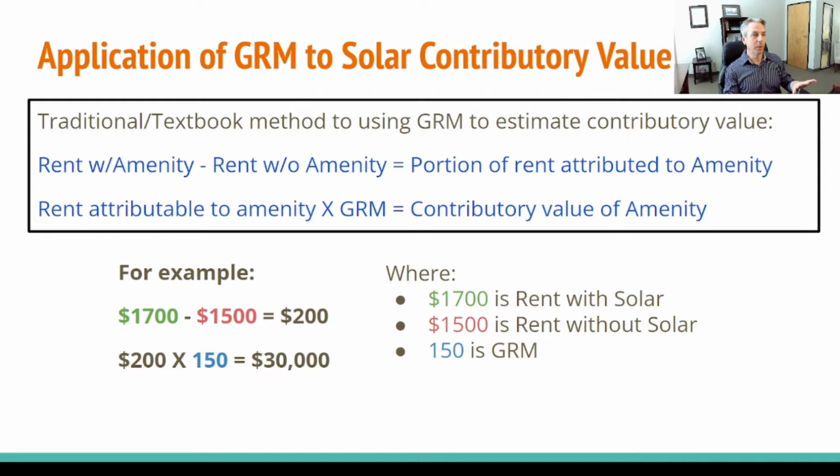If we wanted to look at what that might look like with solar, you might say, okay, this property would rent for $1,700 a month with solar, $1,500 a month without solar. If I'm estimating a GRM at 150, then that $200 in additional rent would capitalize to a $30,000 contributory value for solar. So that is the traditional approach.